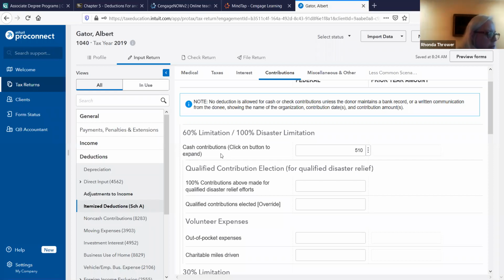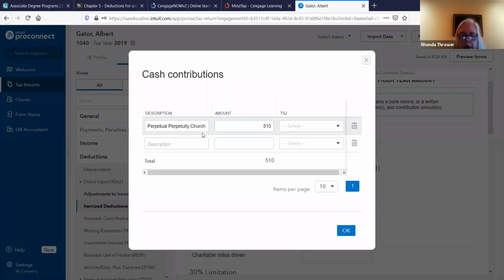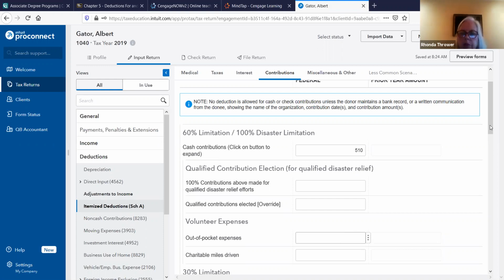According to your problem, you had some cash contributions to the Catholic Church. And again, you can click on the button to expand it, and it gives you a place to write it down. The Catholic Church was this church name at $510, and that was all the cash donations that we had.